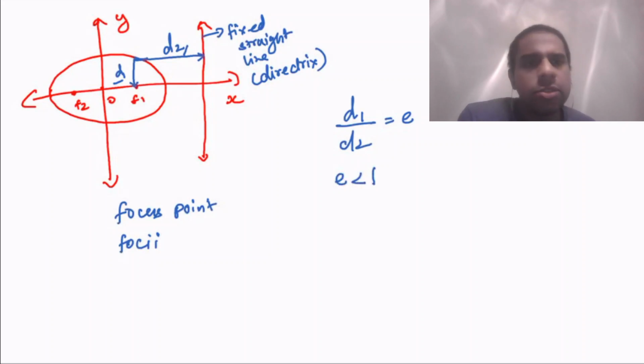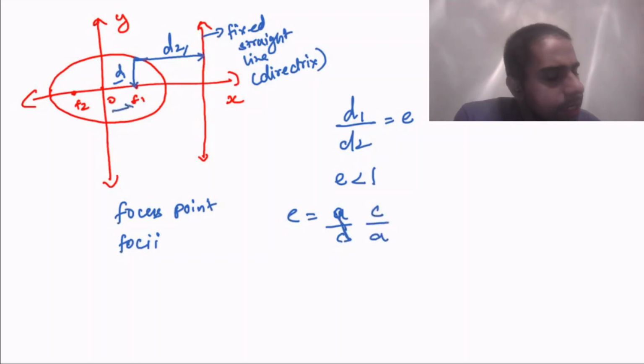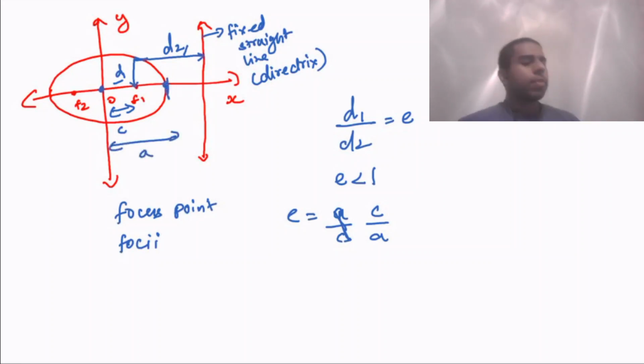Eccentricity has two definitions. Eccentricity is either the ratio of C by A. Here, the distance between the center of the ellipse and the focus point is C. The distance between the center of the ellipse and the vertex of the ellipse is denoted by A. There are two vertices on the x-axis, two vertices on the y-axis.